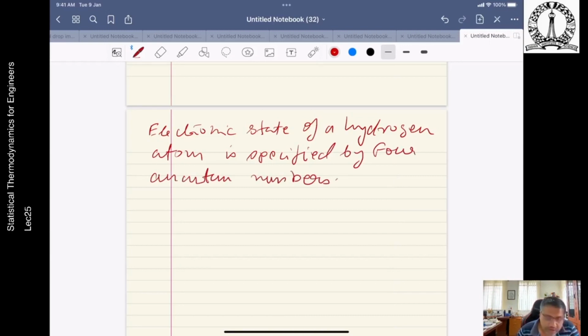Let us see which quantum number does what. N, which is the principal quantum number, determines the electronic energy.